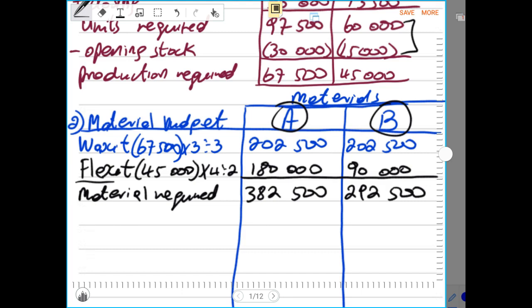And I'm going exactly to that step. Remember, when it comes to budget, guys, we always add the closing stock and we always subtract the opening stock.